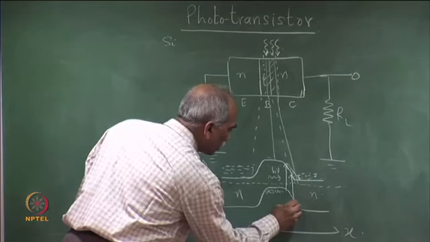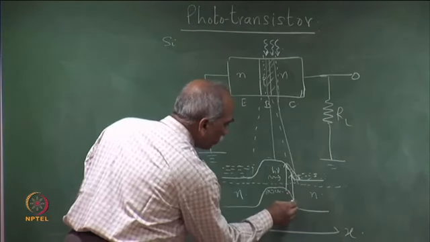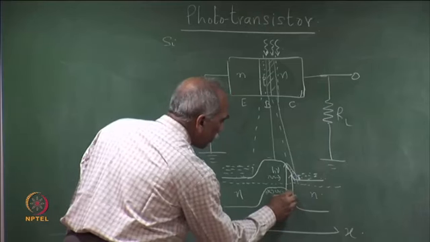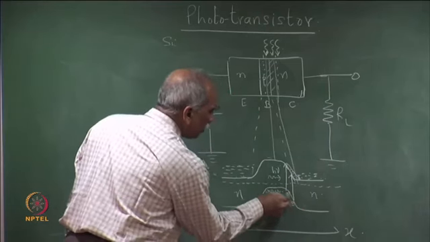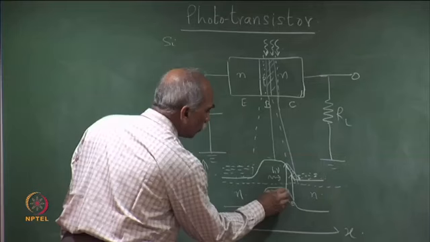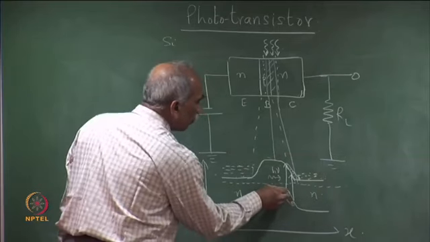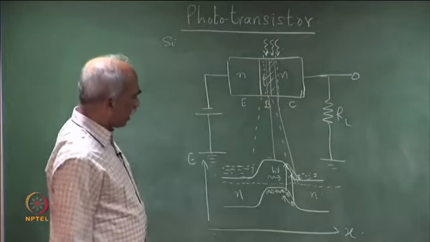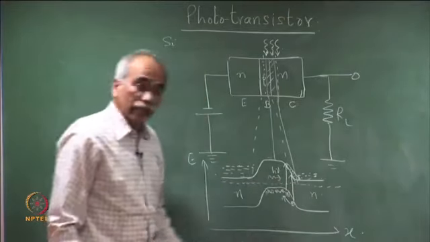The hole which is generated here, the positive hole, moves up. So, we have all holes here, more holes coming here, and an electron going there.